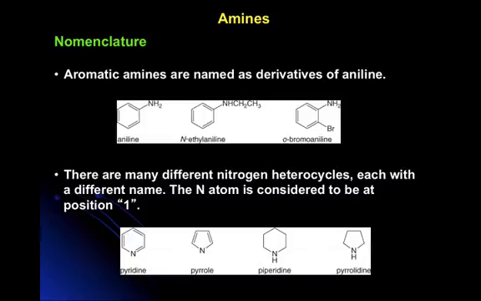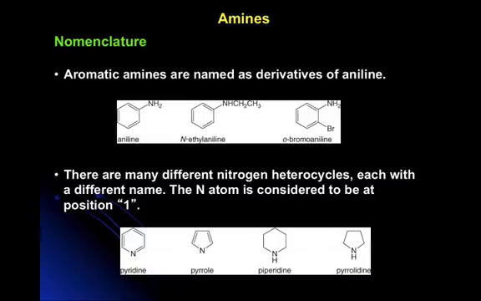Just about every one of you has aniline molecules on you right now in terms of the dyes used in your clothes. They're useful for making dyes. Aniline is also useful for making explosives. So it's a very useful molecule in general. So aniline is just the benzene ring attached to an NH2.